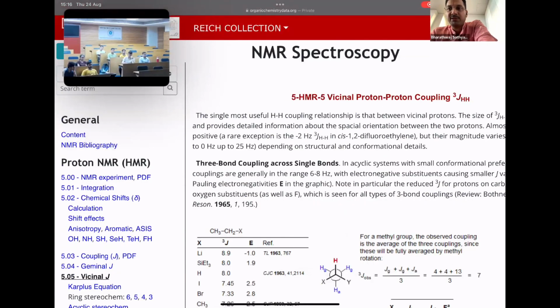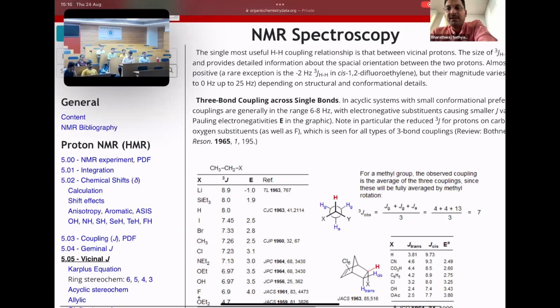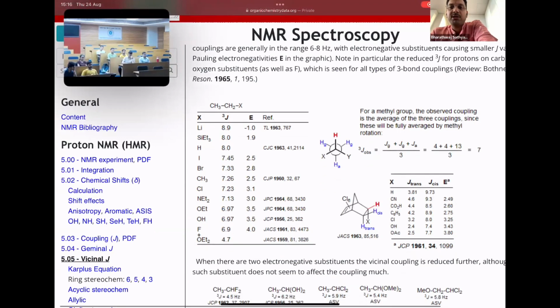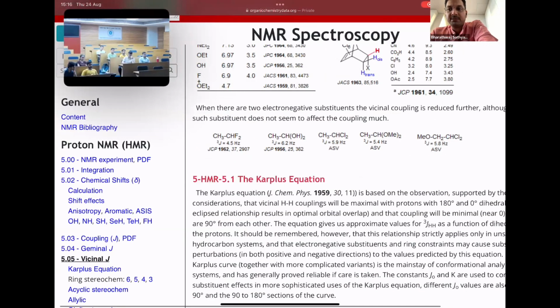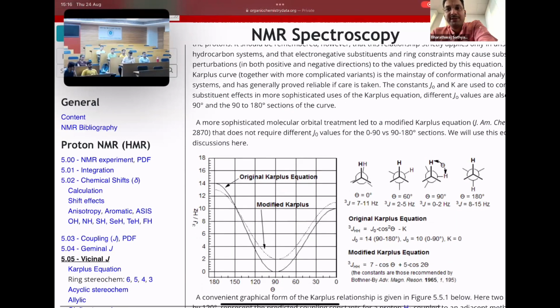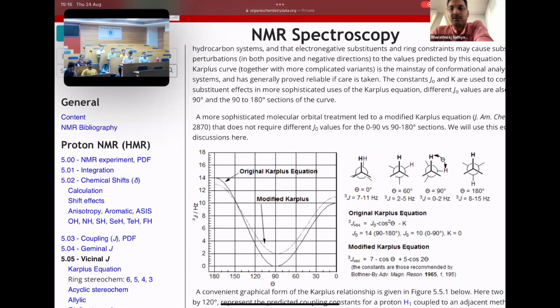We'll be looking at something called vicinal couplings, where 3-bond J couplings are the most commonly looked at. And as Jeet nicely pointed out a few weeks back, these scalar couplings are indeed related to the dihedral angle. So the moment you measure a certain scalar coupling, one would be able to associate it with a certain dihedral angle.